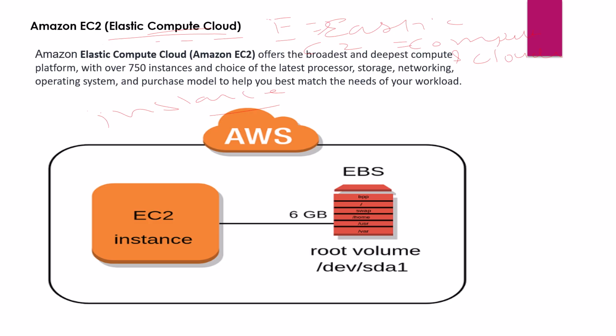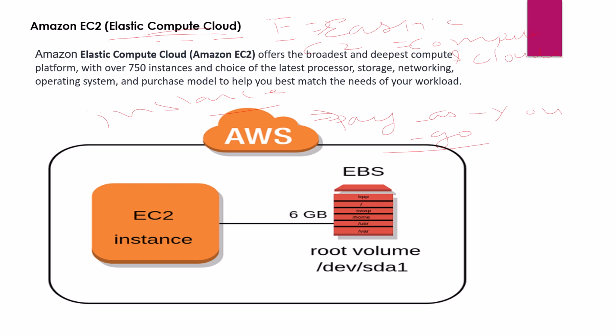There can be a question on which model AWS works on. You can tell them pay as you go. It's a one word answer. AWS works on the pay as you go model.